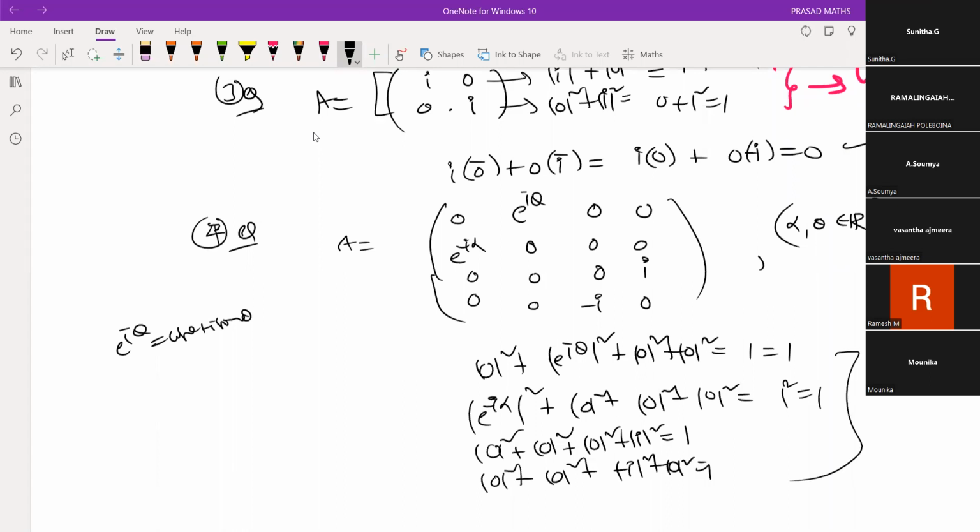What is the second property? Of course, it satisfies this property also, because this into this is 0, this into this is 0, and similarly for the rest. First and third is also 0, and first and fourth is also 0. Therefore, it satisfies all properties, hence it is unitary.